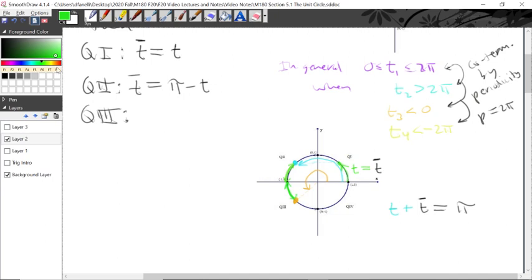Well, then in that case, notice that t, which is more than pi, if we subtract from that the reference number, we would get back to pi. In other words, pi plus the reference number is equal to t. Solve that for the reference number itself. Then the reference number in quadrant 3 would equal t, the orange distance, minus pi.